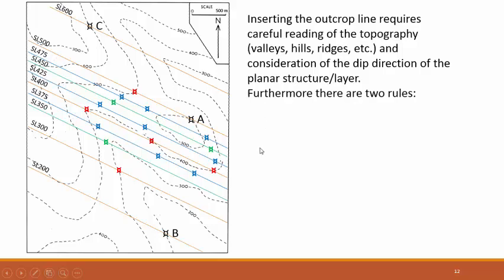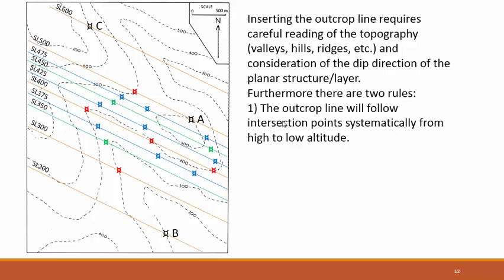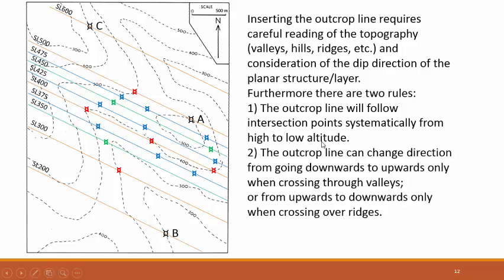There are 2 additional rules that might help you to choose the right orientation for the outcrop line of such planar structures. First, the outcrop line always will systematically follow intersection points from high to low altitude, or from low to high altitude, depending on in which direction you are drawing them.